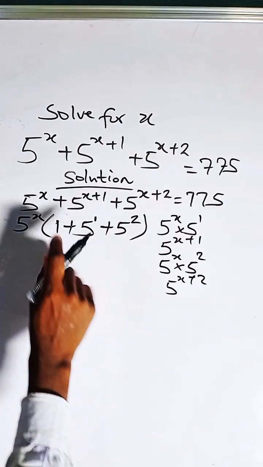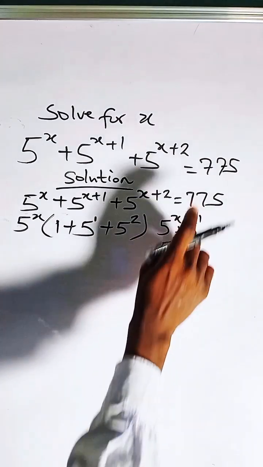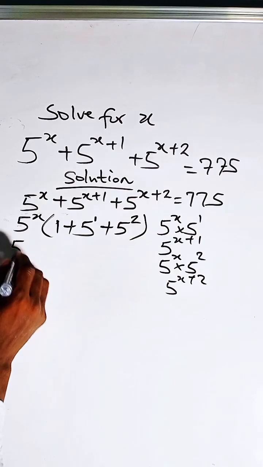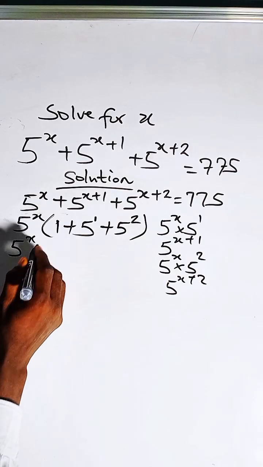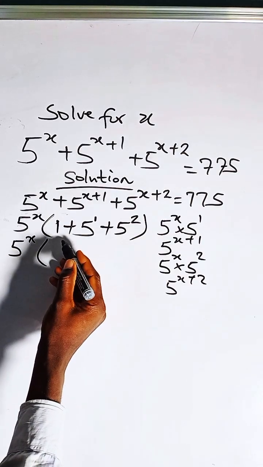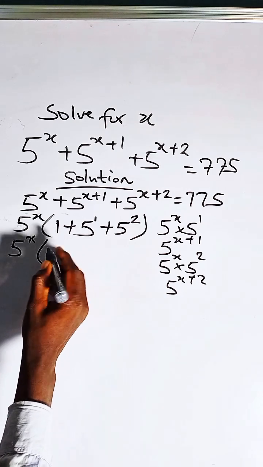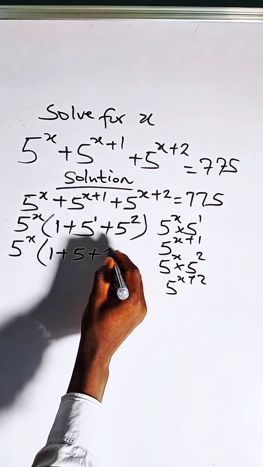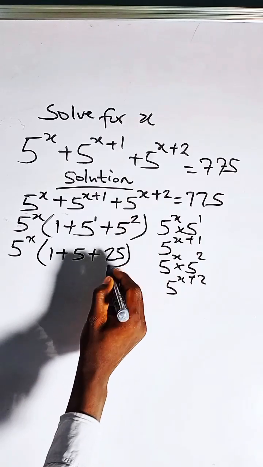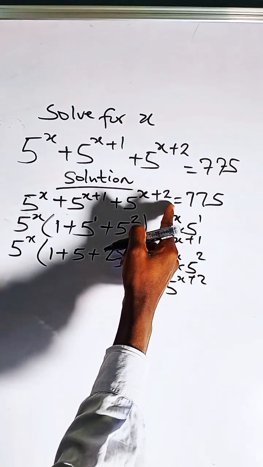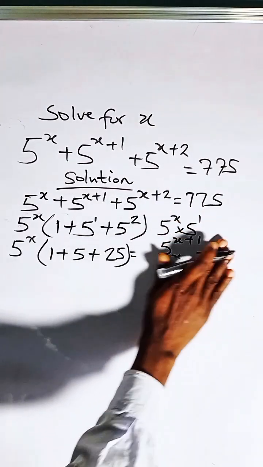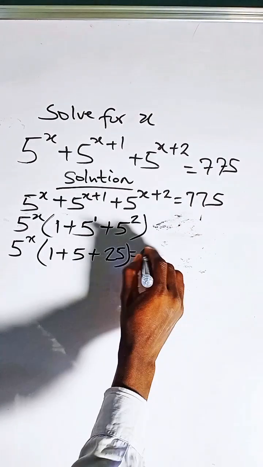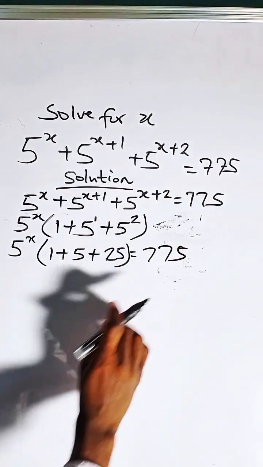So let us equate everything we have here to 775. So we have 5 raised to the power x, and when we look at the parentheses, we can easily add up. So this is 1 plus 5 plus, 5 raised to the power 2 is 25, equals 775.